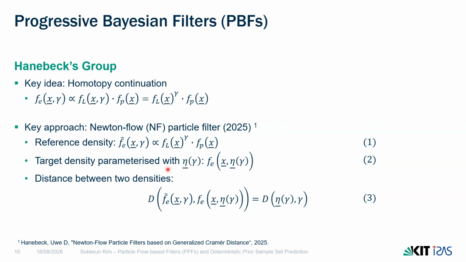And what we want to do is calculate or define the distance between the target density here, F_e, and the reference density F tilde here. So as you can see here, the distance between this reference density and the target density is actually a function of this parameter eta and gamma as well.